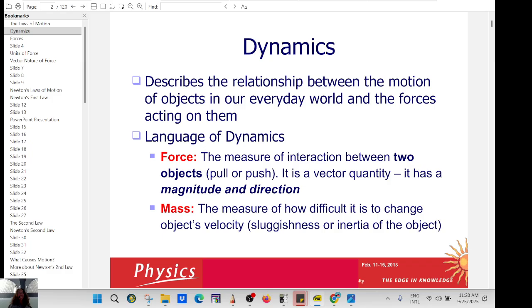So mass, that physical quantity, the unit is kilogram, and it's really the amount of stuff that you have, the amount of molecules. So if you go to the moon, your weight will not be the same, but the mass will be the same. And the laziness to change velocity will be the same.